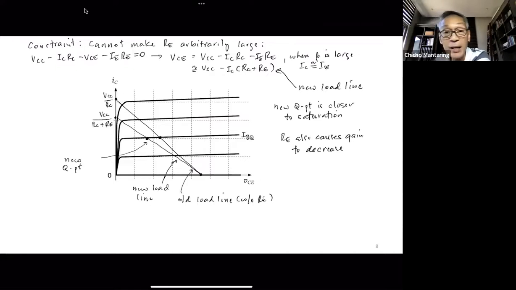Your gain is dictated by the change in collector current. So if this is my old load line, for the same input swing, my collector current changes a lot bigger, no? Dito sa new load line, for the same input swing, my collector current, kasi ito yung collector current ko, will have a smaller change.